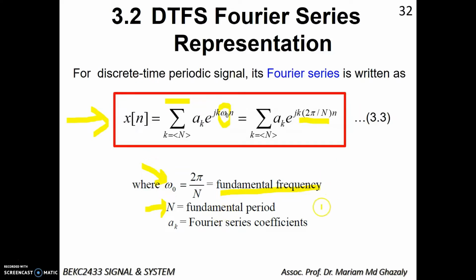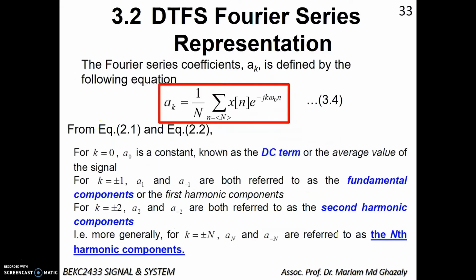So the difference between continuous time and discrete time is that you have the fundamental period N. Later on, when you go to the example, you will see the differences between continuous time and discrete time and how you need to elaborate more on the solution.